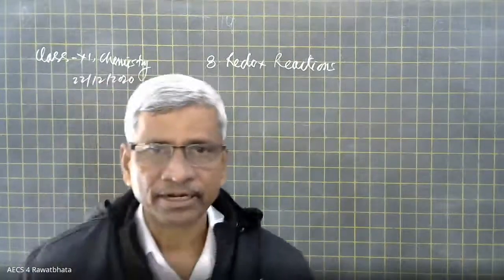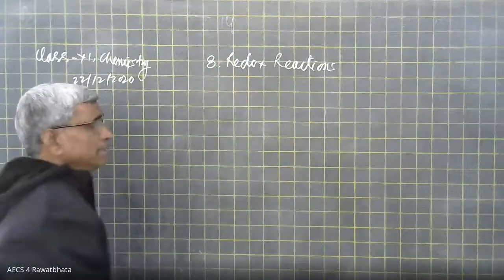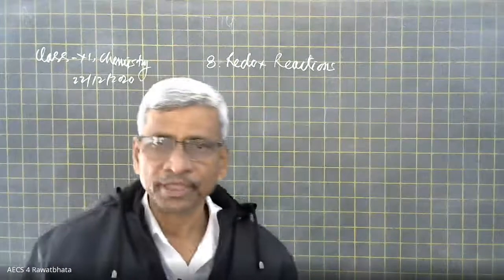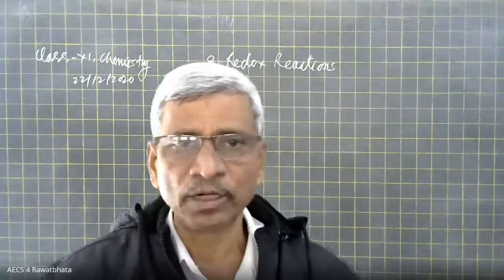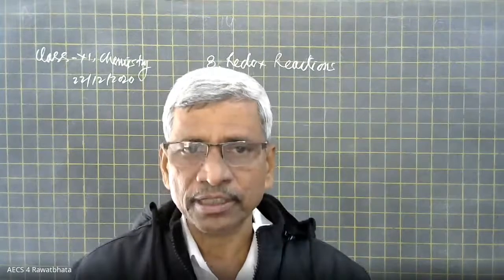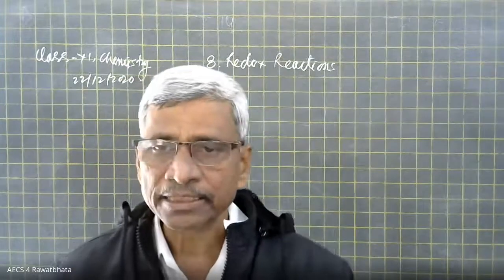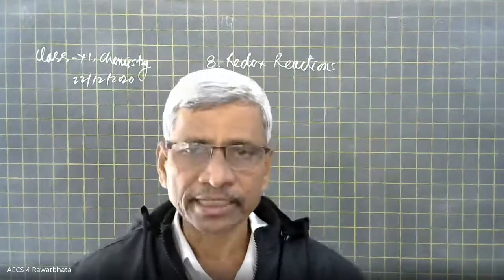Okay, redox reaction. Reactions where oxidation and reduction both are going on are called redox reactions. No reaction is oxidation only or reduction only. If oxidation is going on in one reaction, reduction is also going on simultaneously. It is a simultaneous process. But at the beginning, we take them separately.